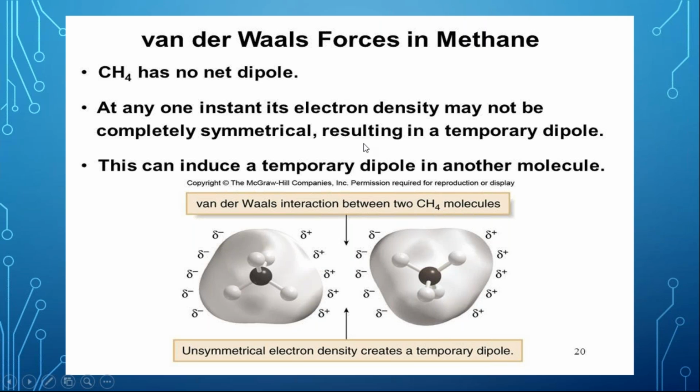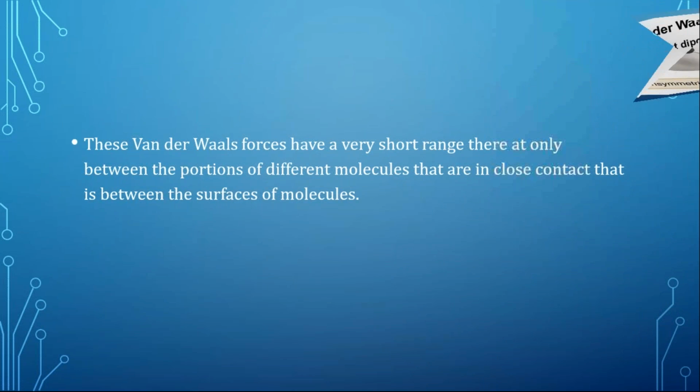This is nothing but van der Waals forces. They have a very short range and act only between portions of different molecules in close contact, that is, between the surfaces of molecules.